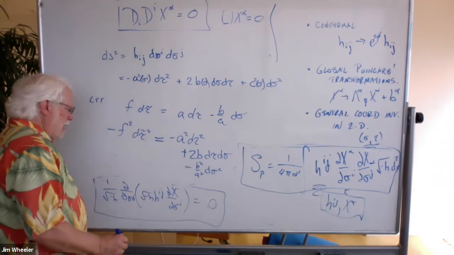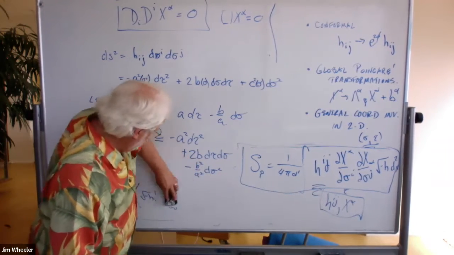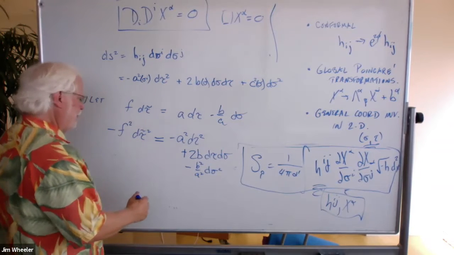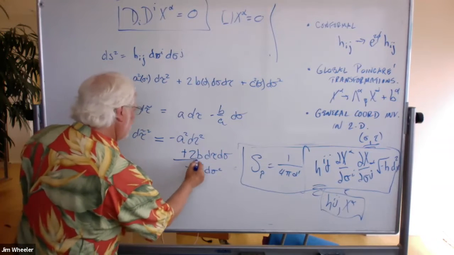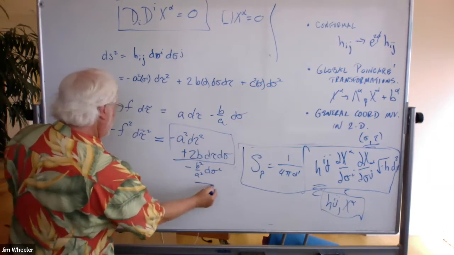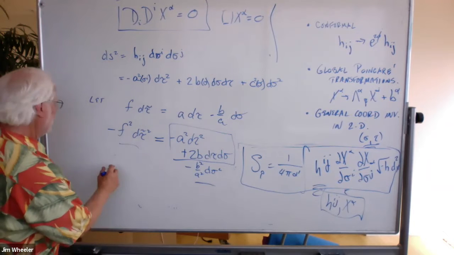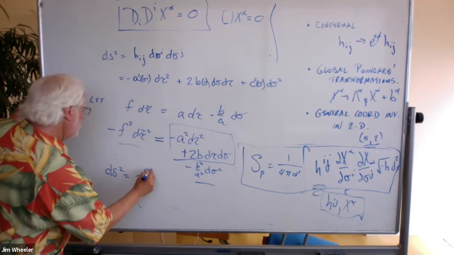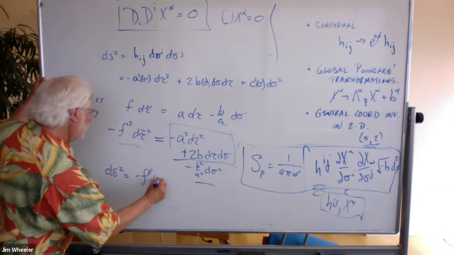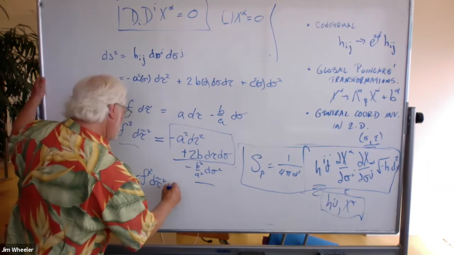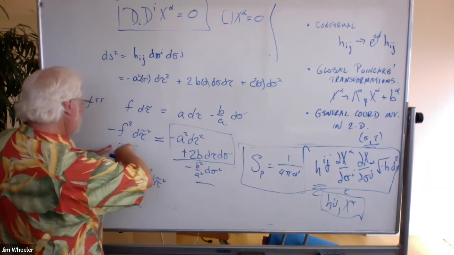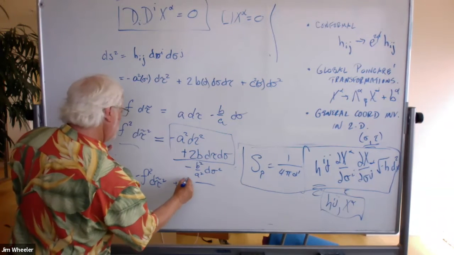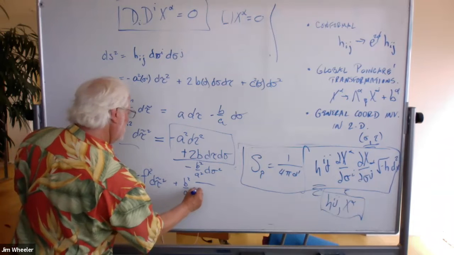So I can write the first two terms here as the sum of this and that. So I can write ds squared is now minus f squared d tau squared. And then bring this to this side and it's plus. So we have plus b squared over a squared plus c squared.